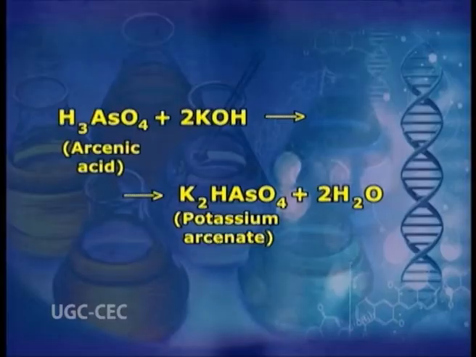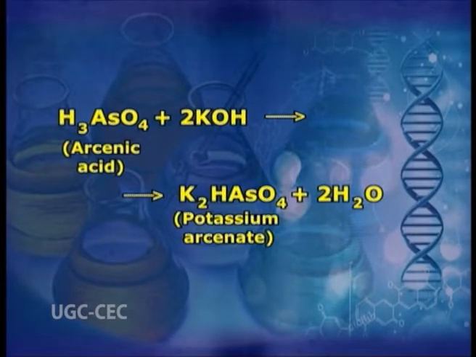You probably remember that when a hydrogen atom is ionized and loses its electron, you are left with only a proton. So, a hydrogen ion is basically a proton. Let us assume that we have a 0.25 molar solution of arsenic acid and want to determine the normality of it. If it participates in a reaction, it goes like this: arsenic acid plus 2 KOH gives rise to potassium arsenate plus 2 molecules of water.